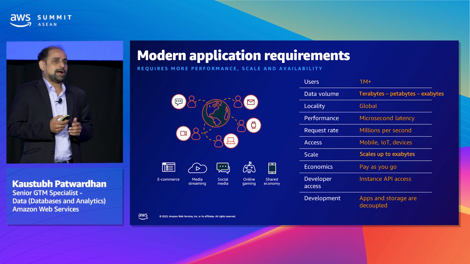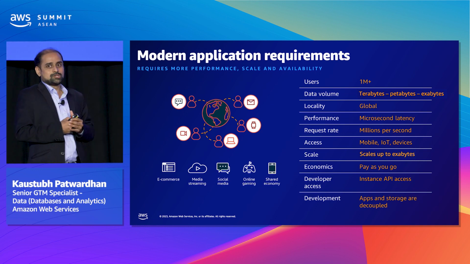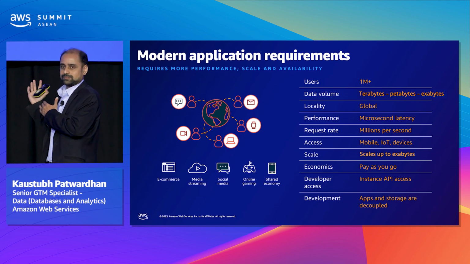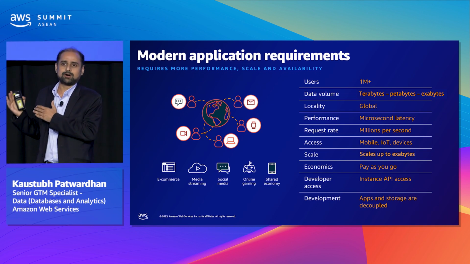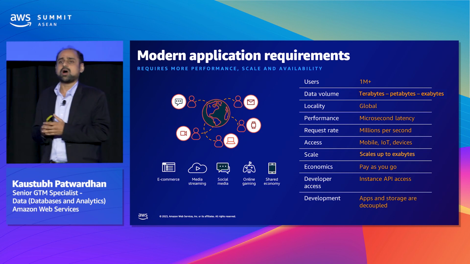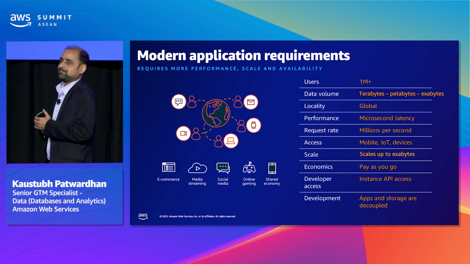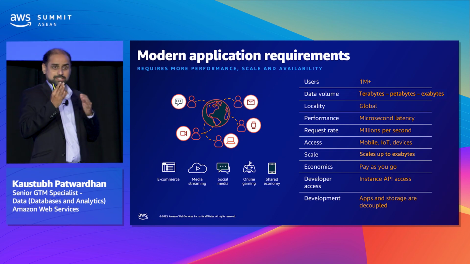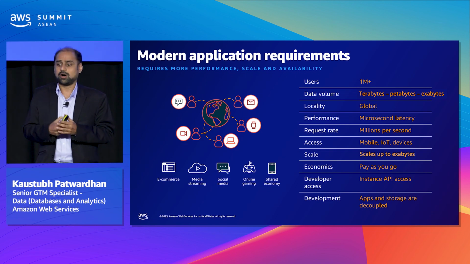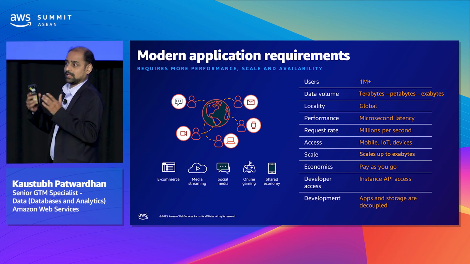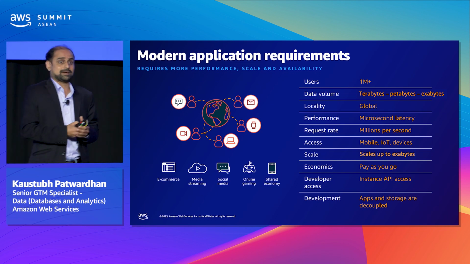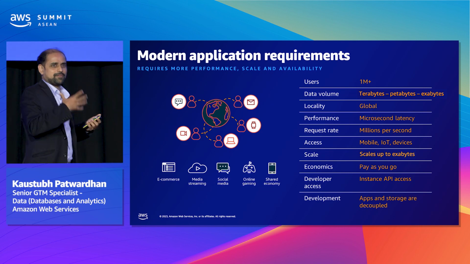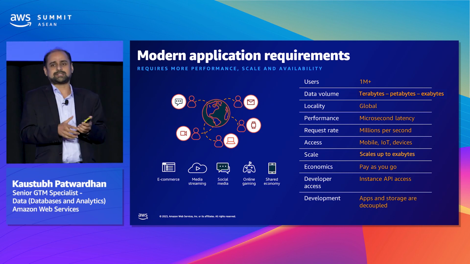If scalability, performance, and global access are all considered, a three-tiered, tightly coupled architecture, the very traditional architecture of a presentation layer, then business logic in the middle layer, and then a database, doesn't suffice.